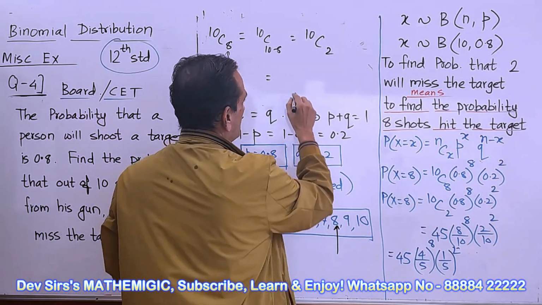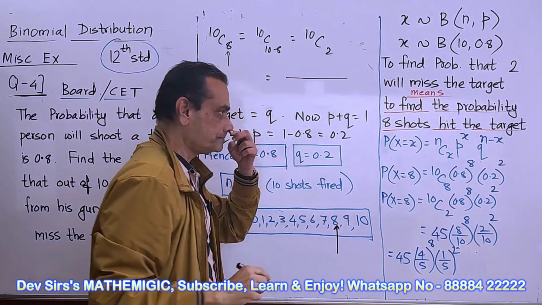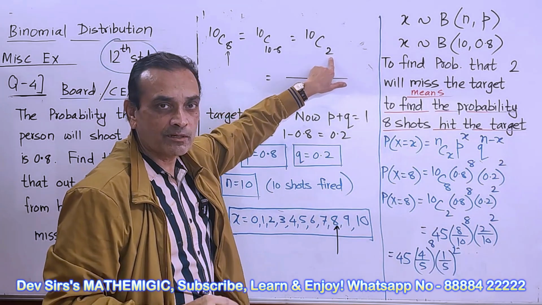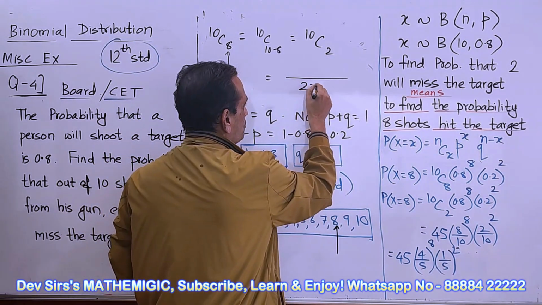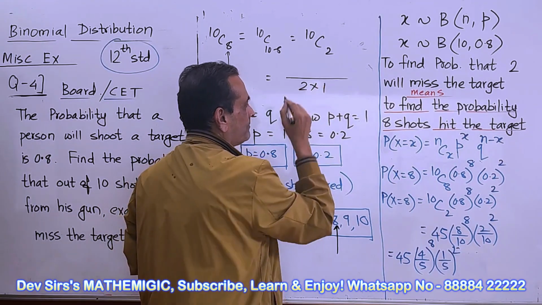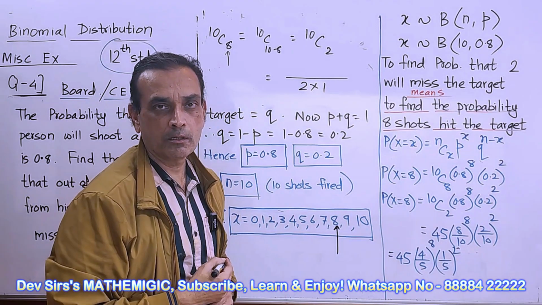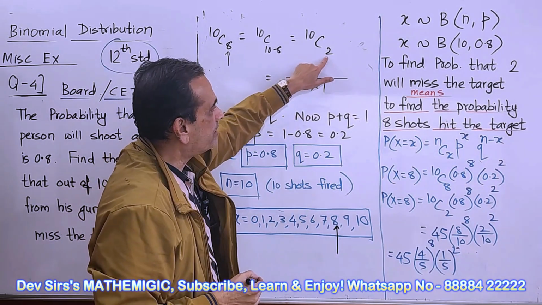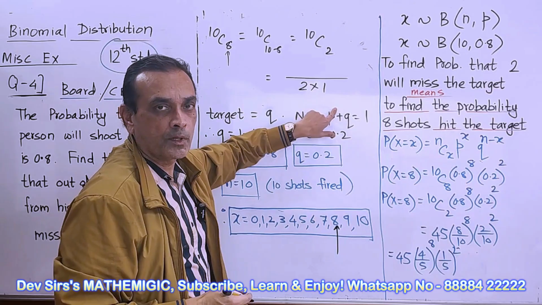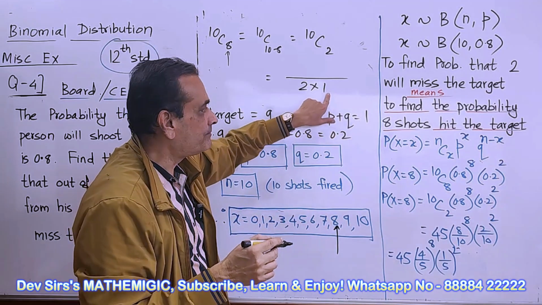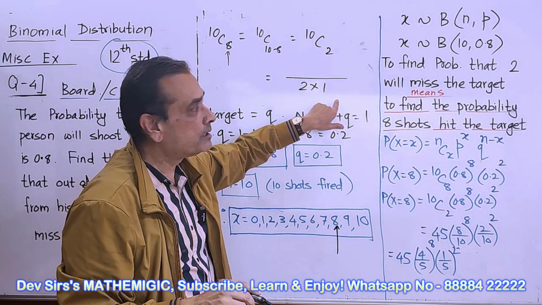The method is draw a line, reduce this number and go on multiplying. Reduce means what? 2 into 1. That's all. If it was 3 here, 3 into 2 into 1. Write the numbers till you reach 1. Clear?